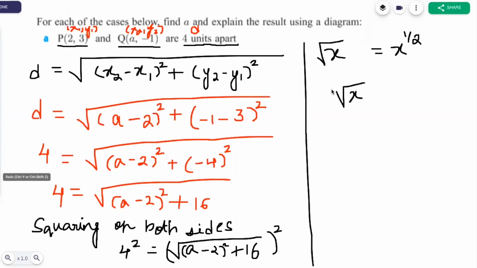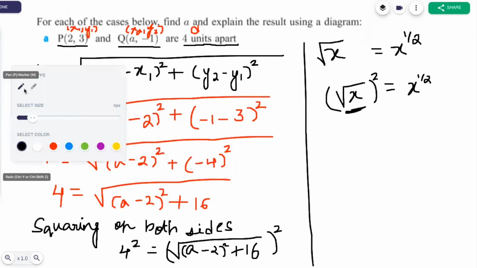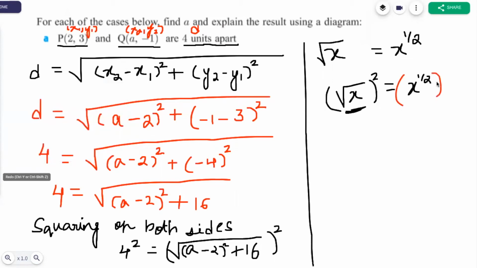So when you square root of anything, you will get x power half, which is for this, what you see inside, to the power 2, which is this 2. So that half is coming into picture because of the root.